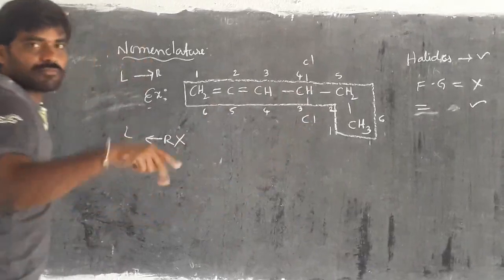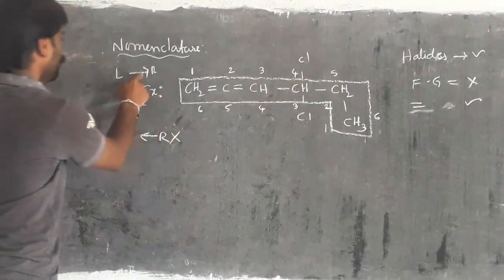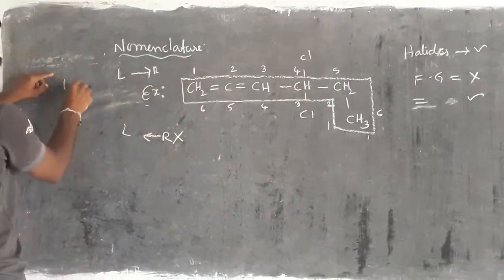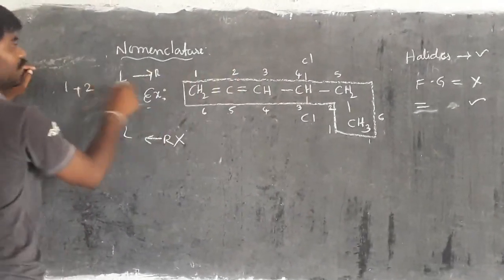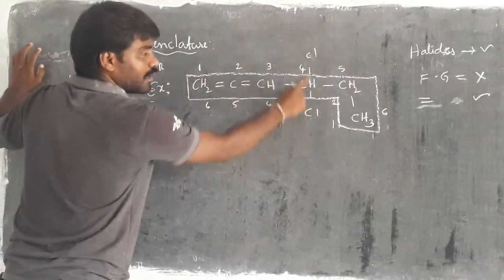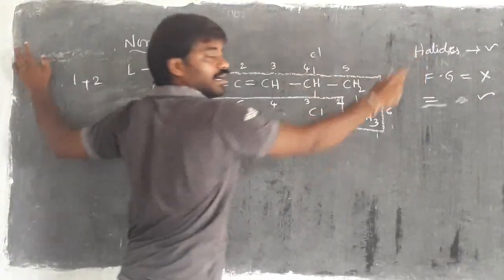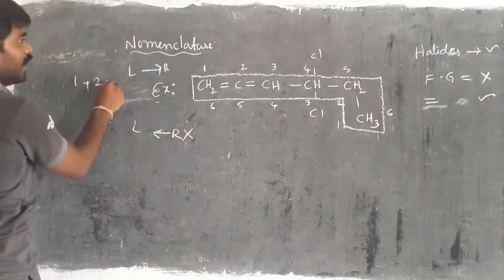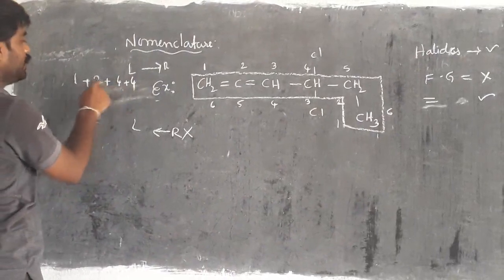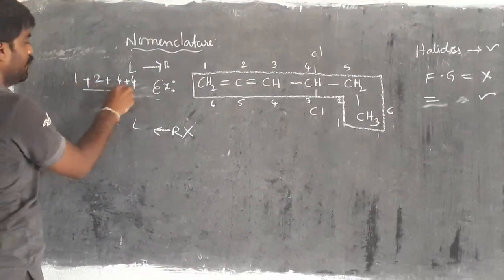On the fourth carbon we have two substituents. The two substituents are what? Halides. For that we write 4 plus 4. So 4 plus 4, 8 plus 2, 10 plus 1, 11.